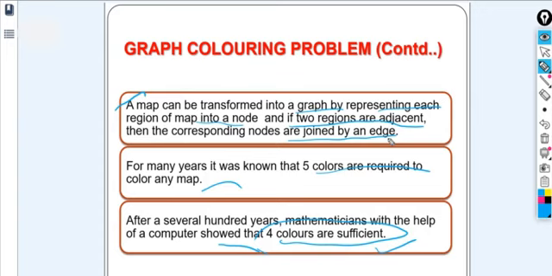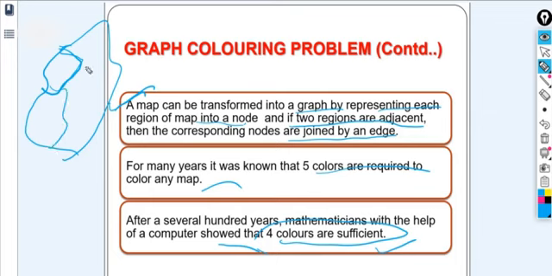So for the application of graph coloring, you have to take the regions of the map as nodes, find the adjacent regions, and connect them by an edge. What does it mean? If you have any map, I'm just drawing it here.